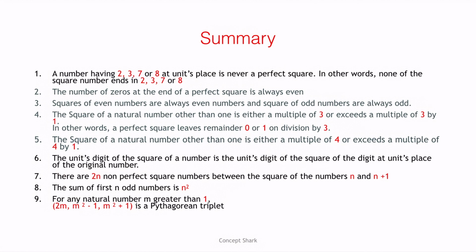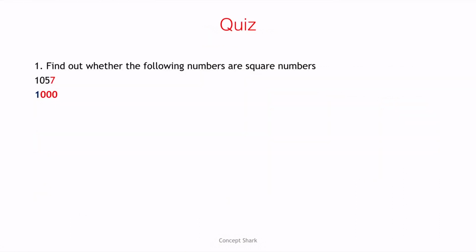The sum of the first n odd numbers is n square. For any natural number m greater than 1, 2m, m square minus 1, m square plus 1 are Pythagorean triplets. Now let's see some quiz related to the properties of square numbers.